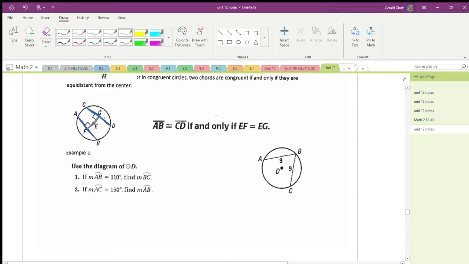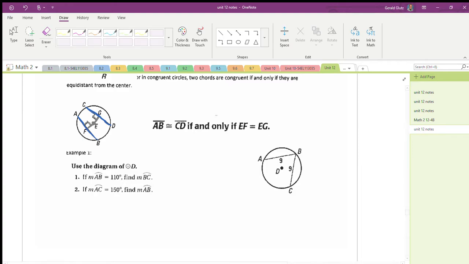Then the two blue chords have to be congruent. So if we have a little line here that forms a 90-degree angle, and a little line here that forms a 90-degree angle, these two blue chords must be congruent. The same is also true if you know the two blue chords are congruent, and from the center these form 90-degree angles, then we know that EF and EG have to be congruent.